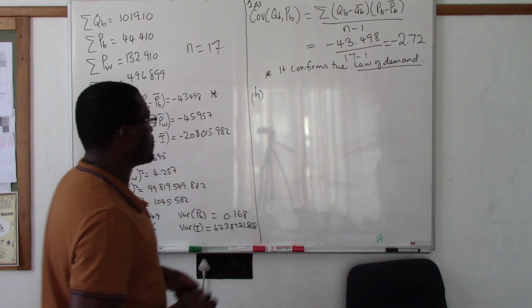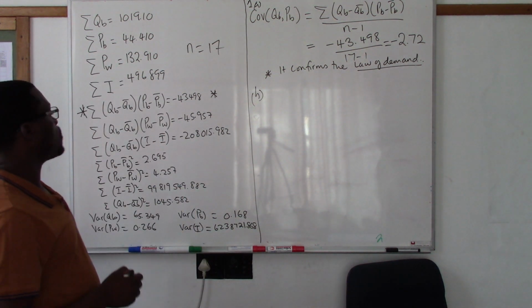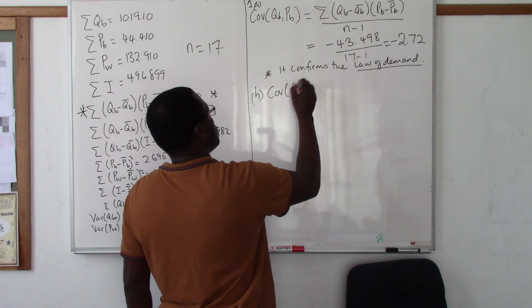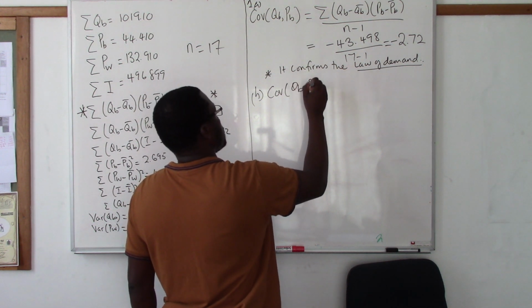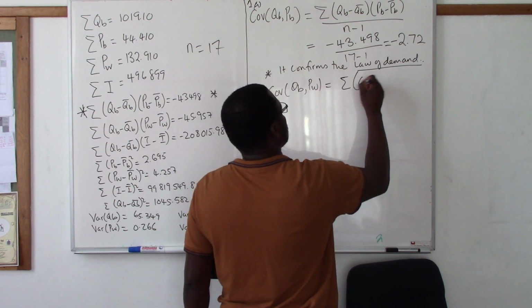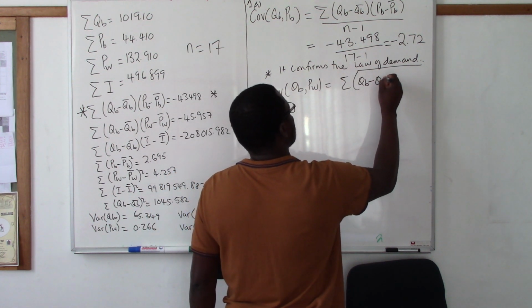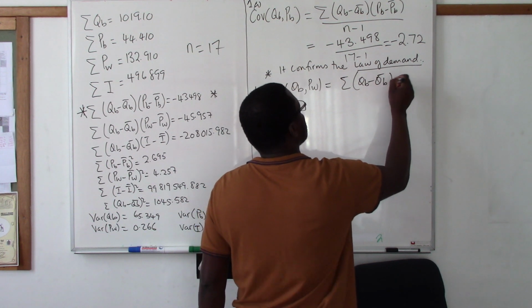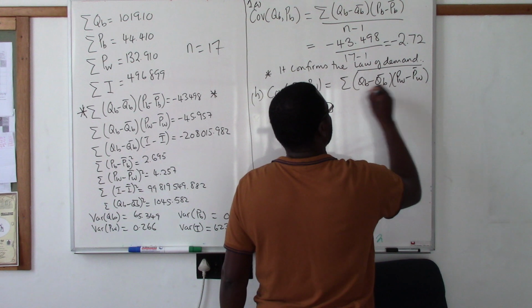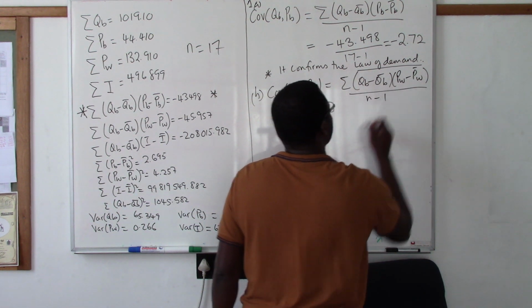Then B requires you to do the same for wine. So covariance of quantity demanded for beer and price of wine is the sum of QB minus QB bar, PW minus PW bar, over n minus 1.